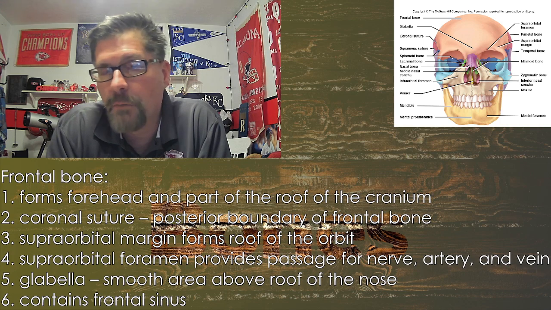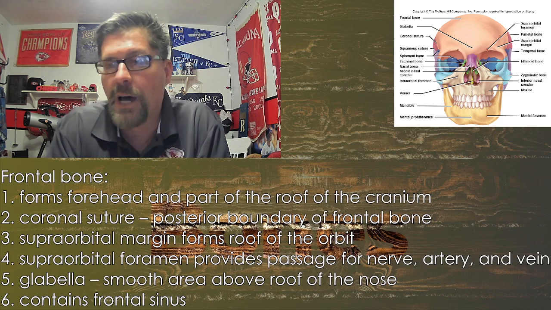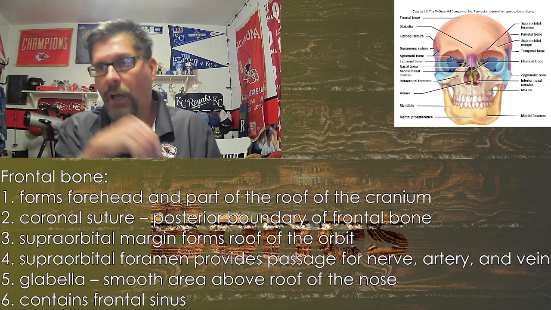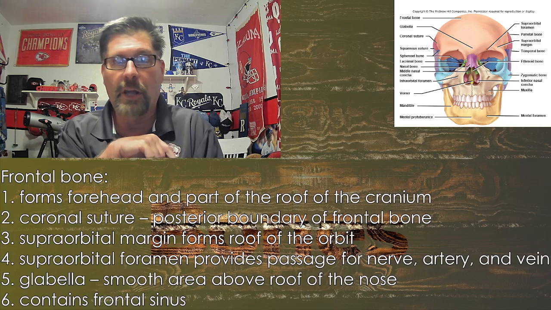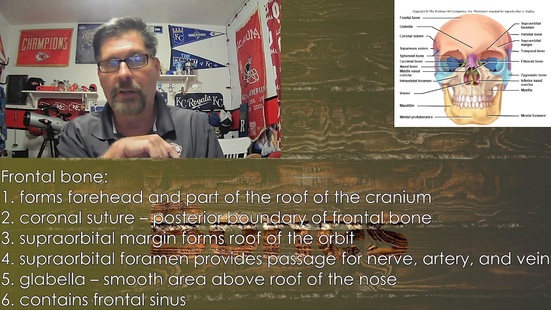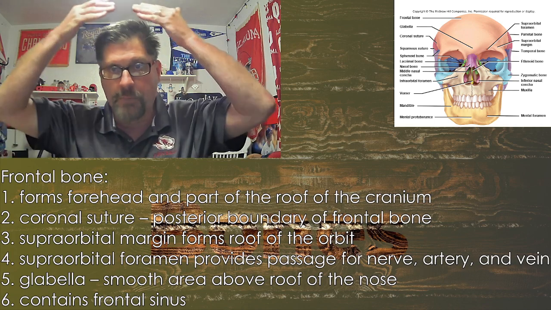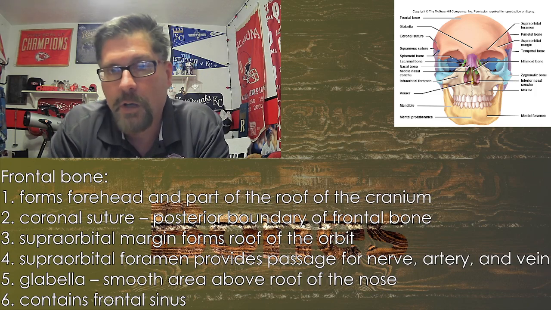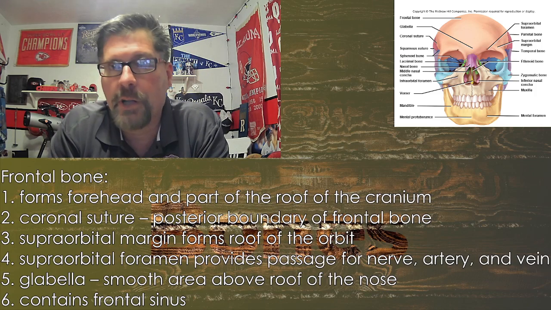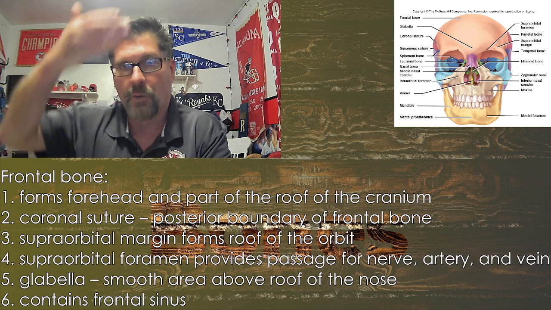But the frontal bone, this is the peach colored one that's right there at the top. It's got the whole forehead section, and you can't tell it from this angle, but you'll see it in the next one. When we look at the parietal bones, it doesn't go all the way back. It only goes back an inch or two, and you have the first suture, the coronal suture that separates the frontal and the parietal as far as going backwards.